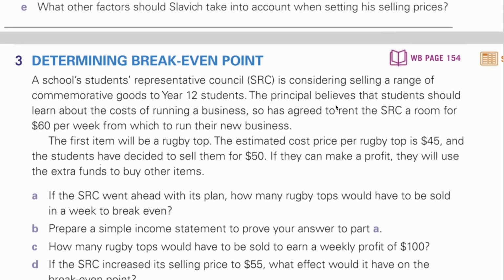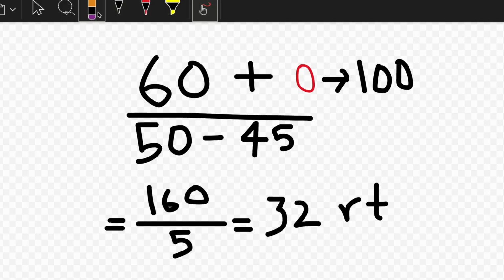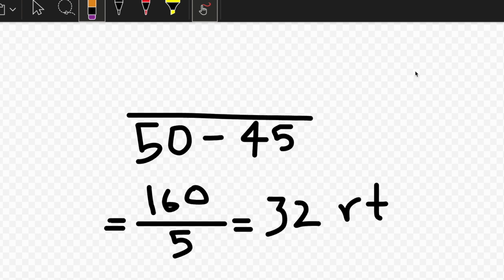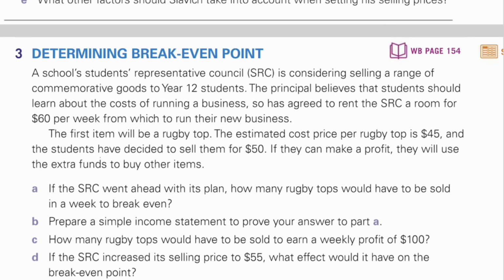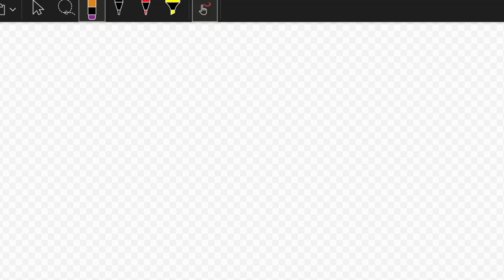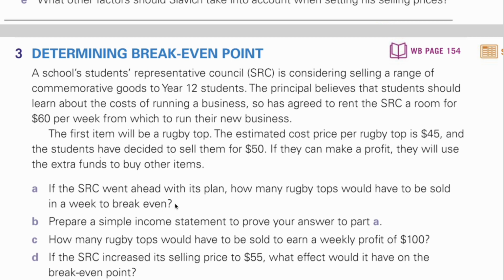So the next part is, if the SRC increased its selling price to $55, what effect would it have on the break even? So okay, let's model our equation this time. We have the SRC increased its selling price to 55. So let's fill out the fixed cost is $60. The profit is 0 because you want to get the break even point.